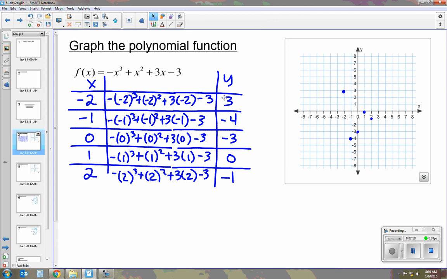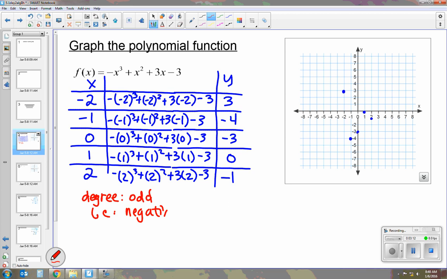Well, to figure out the end behavior, we have to know the degree, which is odd, and the leading coefficient, which is negative. Okay, so we're going to look back at our chart from yesterday, and we're going to see where that end behavior is going to be for an odd negative.